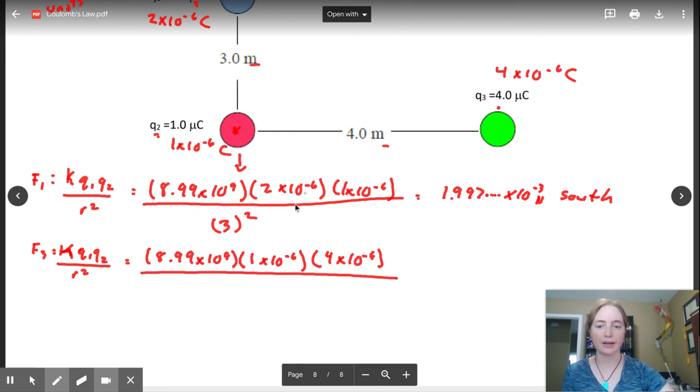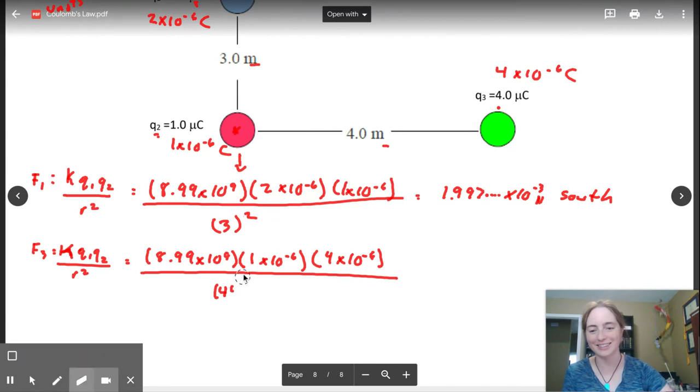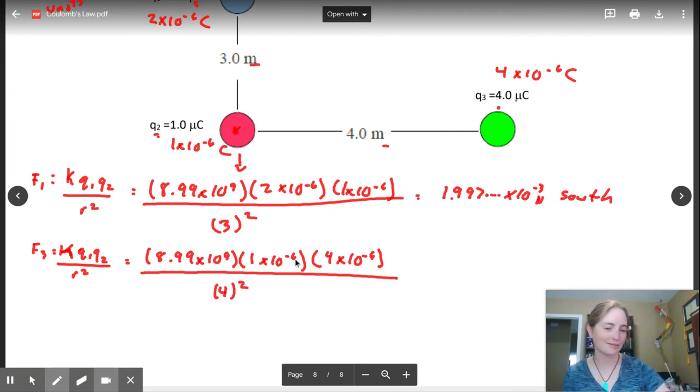Our radius is 4 meters. I nearly did it again. I nearly wrote like 16. You could write 16 if you want, but I'll write it like that to be consistent. Okay. Once you plunk that into your calculator, you are then going to get the correct number of 2.2475 times 10 to the power of 3 newtons.